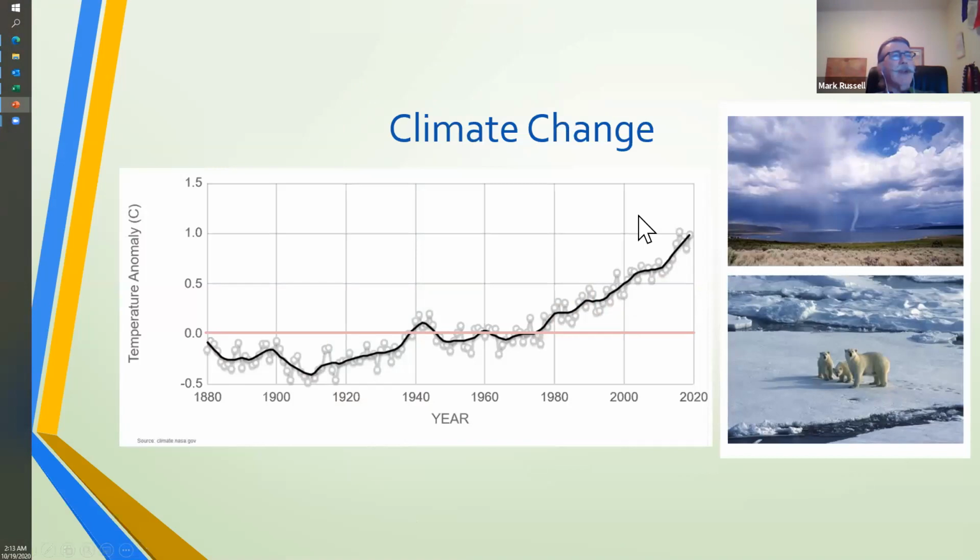So, one of the big driving forces. I got this from the NASA site, the National Aeronautics and Space Administration. They track world climate change, and this is in degrees Celsius. So we've gone up quite a bit. This is a relatively recent one, and so we recognize that we have a major issue, and how to address that?